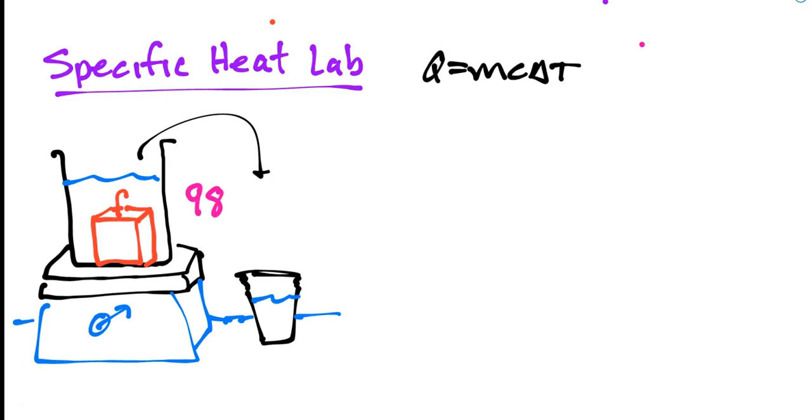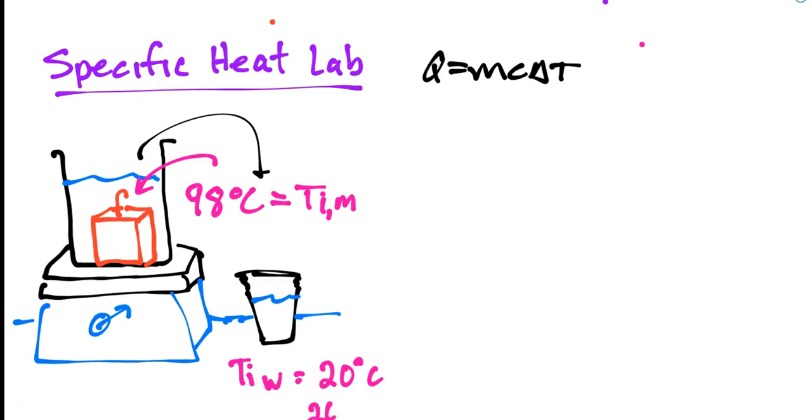So this metal is going to be sitting in hot water. We're going to say it's 98 degrees Celsius. It's not quite boiling, but our thermometer says 98 degrees. That's the same temperature as the metal, as long as the metal is in there for a while. So this is the TI of the metal. The TI of the water is going to be 20 degrees Celsius.